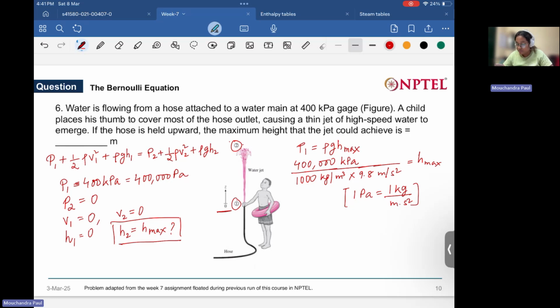This information is known. So we can then cancel out kg, meter, and second square. So this gives H max in meters, which is 40.8 meter.